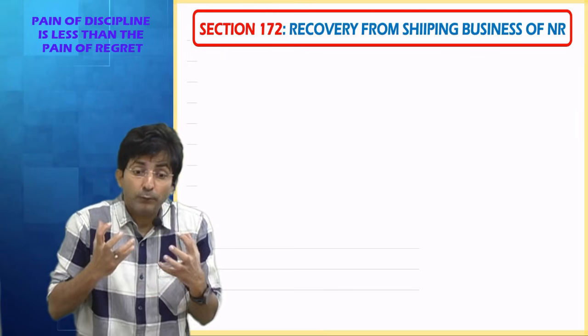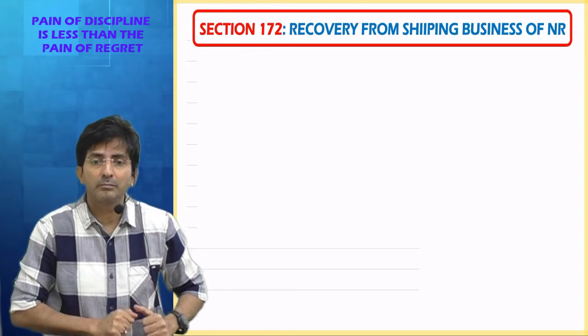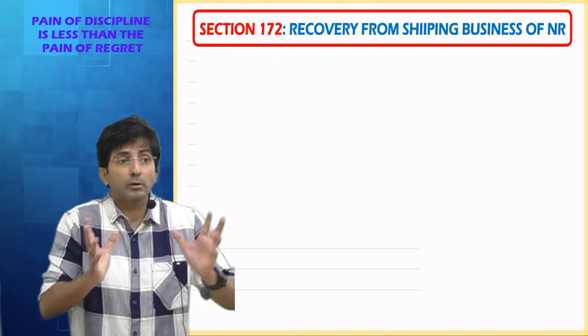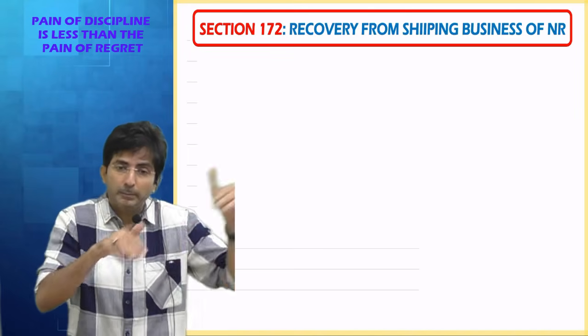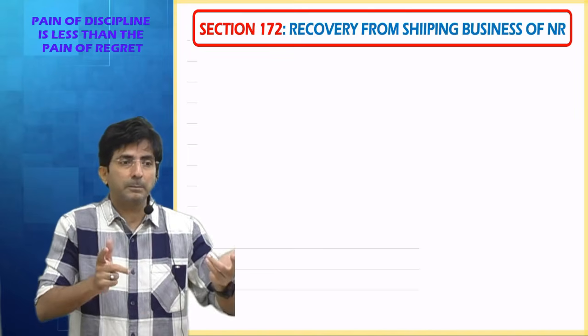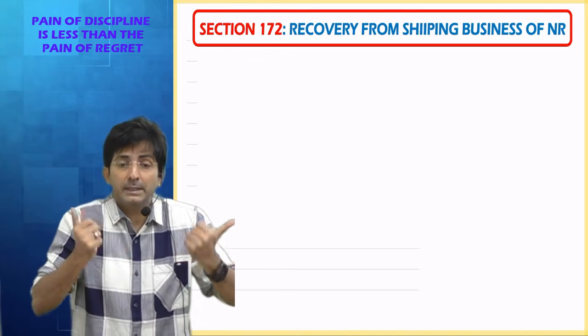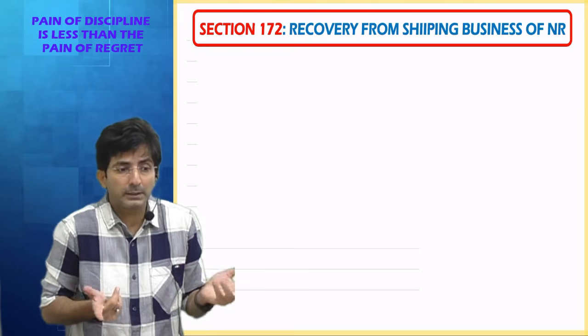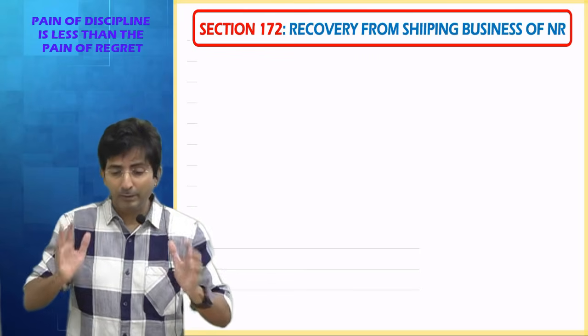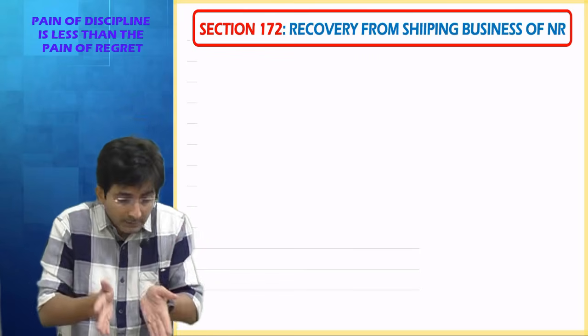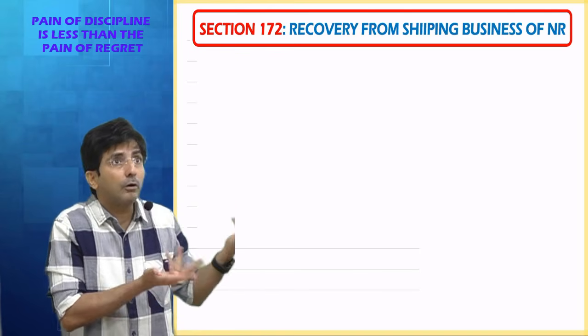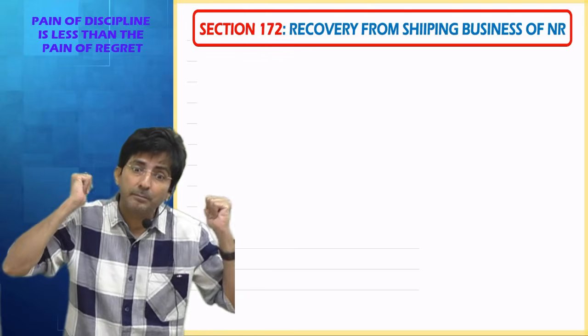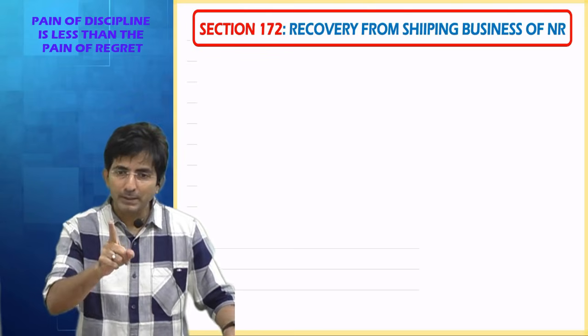So this is the fear the government of India has got. We never know whether the ship is regularly coming to India or is making an occasional visit. Because once the ship is in India, we can see them. But once they go away, God knows, they are lost. They may never come. That's why there is a rule.